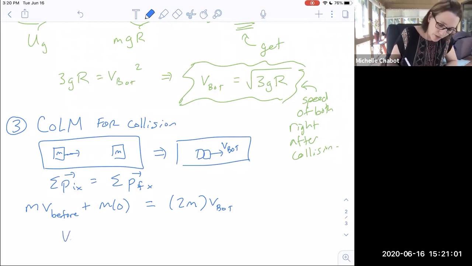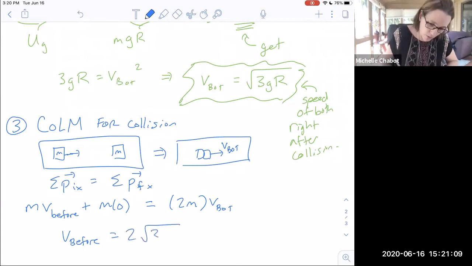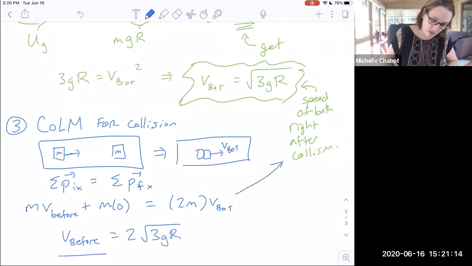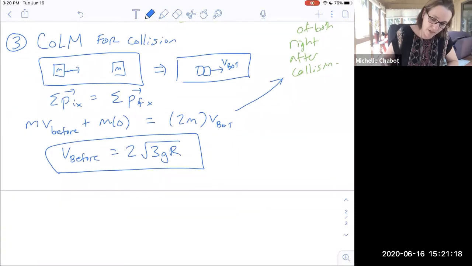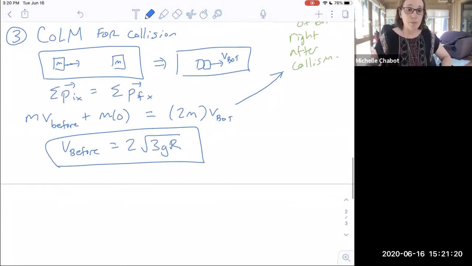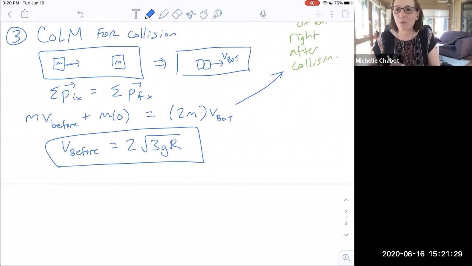So now I just want to solve for v before, which is going to be equal to twice v bottom. So 2 times the square root of 3gr. So I can then box that. Again, still not my result, but it's also going to be very useful for, my computer's freezing a little bit, so I'm going to give that a second to catch up and see if that helps.